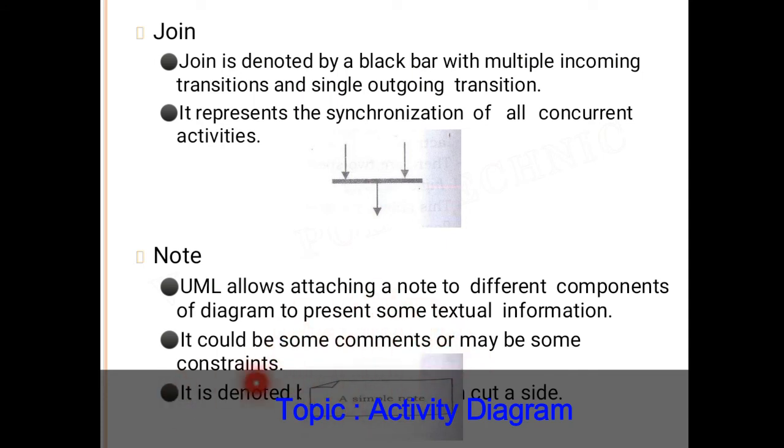Unified Modeling Language (UML) allows attaching a note to different components of a diagram to present some textual information. It could be comments or constraints, and it is denoted by a cut-side rectangle.